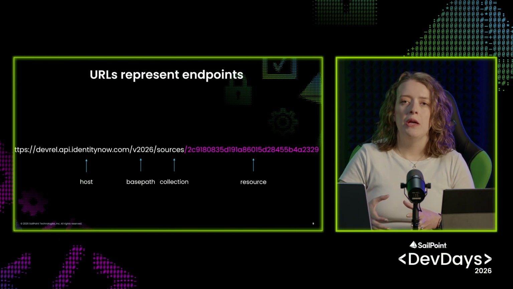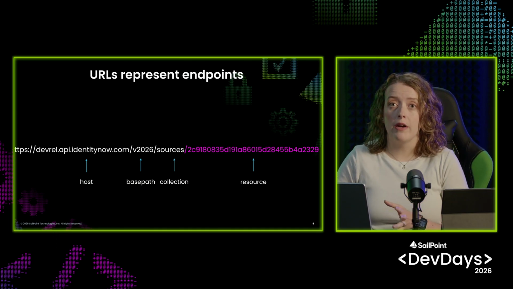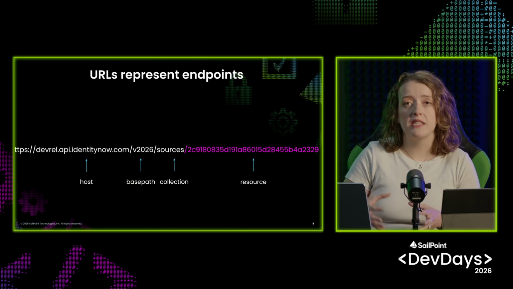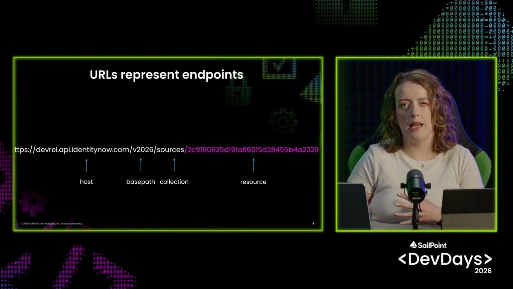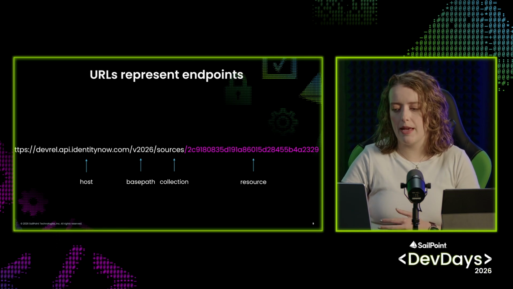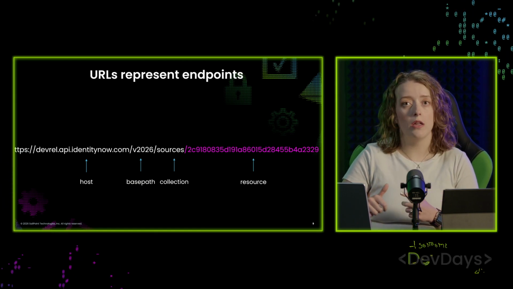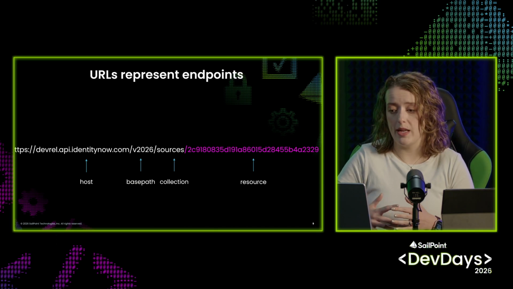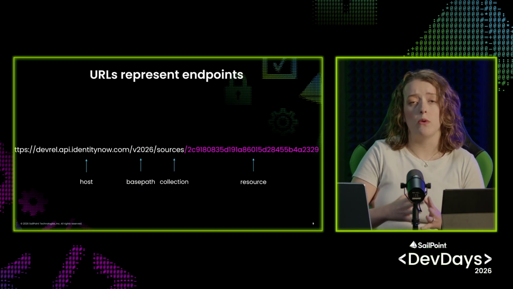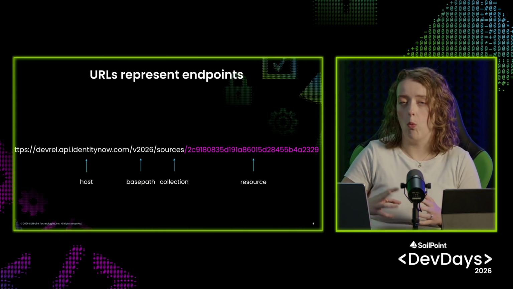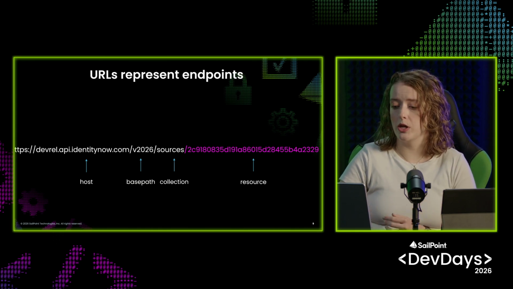And finally, we're going to add this long alphanumeric ID, and this is called the resource. This is the specific record that we want. It's like a primary key in a database. Without the ID, we're going to ask for the whole collection, all of the roles, all of the entitlements, things like that. But with the ID, we are asking for one specific thing, one role, one entitlement, one part of the collection.